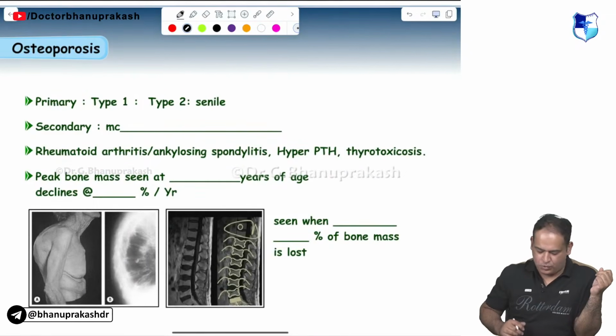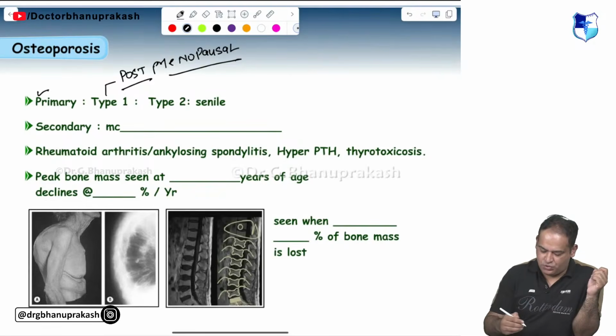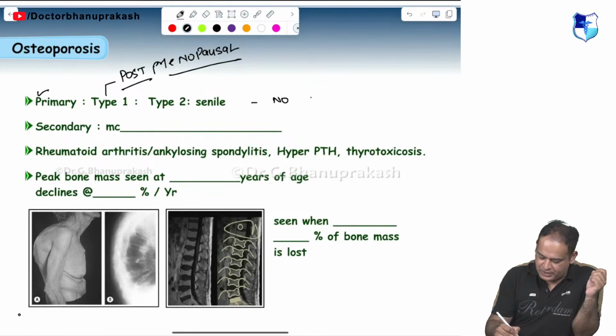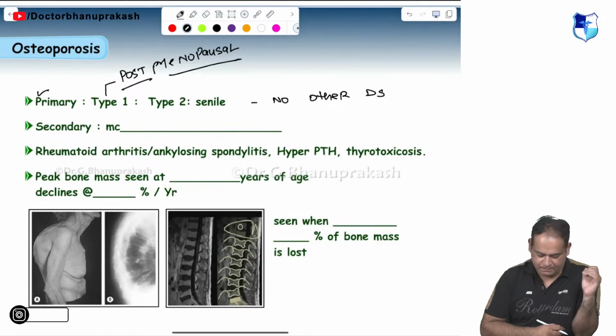Osteoporosis, fine. Type 1 is post-menopausal. We are talking about primary osteoporosis. Primary osteoporosis means your patient has no other disease. The only disease which your patient is suffering from is osteoporosis, right?